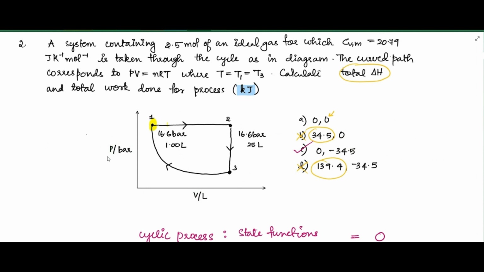What is the SI unit of pressure? Pascals. And the SI unit of volume is meter cube. So if you need the answer in kilojoules, you have to convert both pressure and volume into the respective SI units.